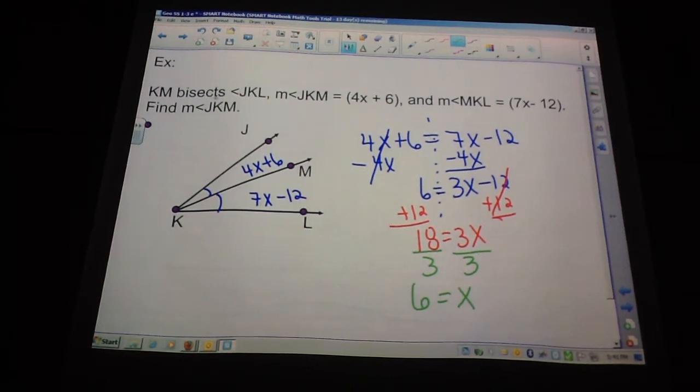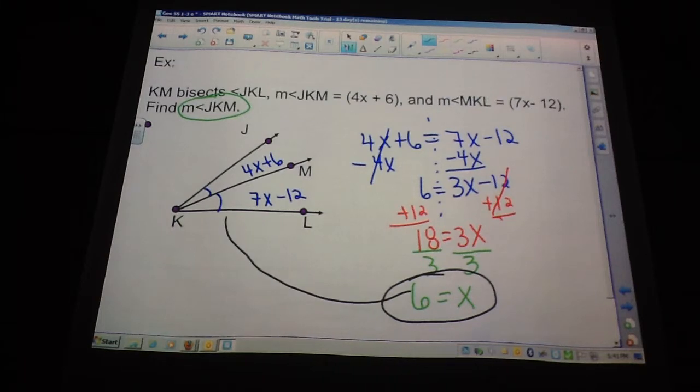Well, if you notice, the question actually asks what the measure of JKM is. So I'm still going to have to take what x is equal to and plug it in for the x in JKM. So I'm going to have 4 times 6 plus 6.